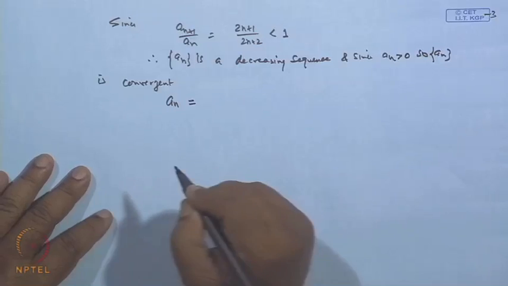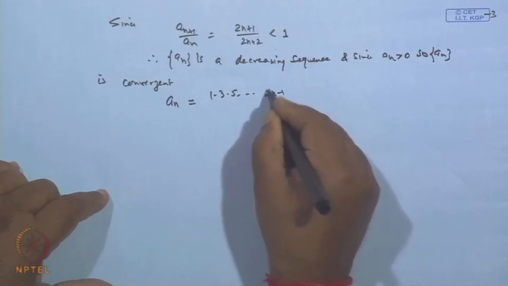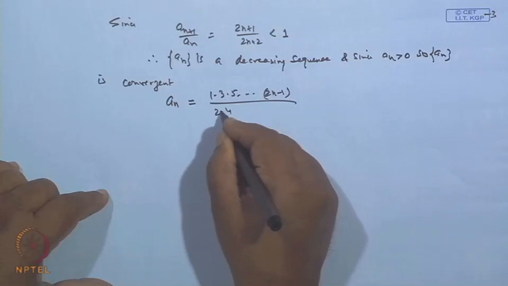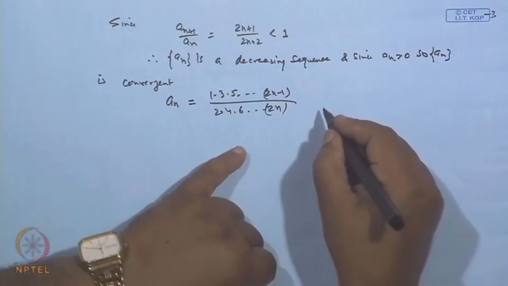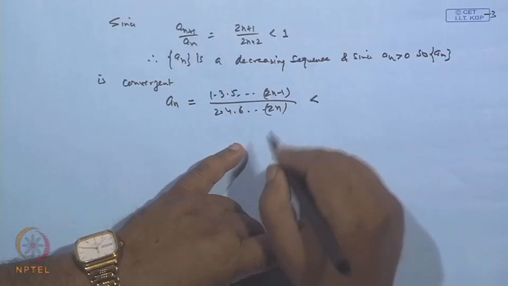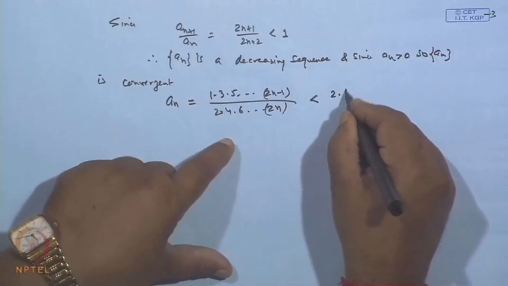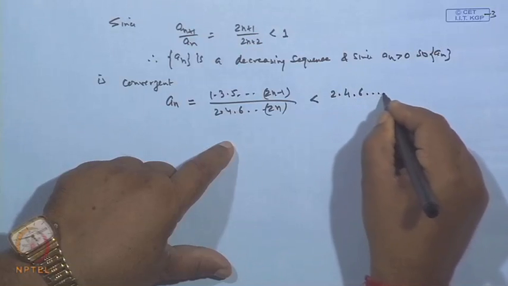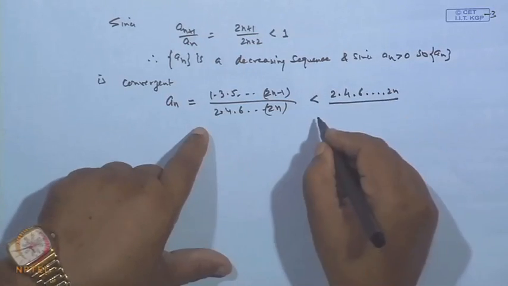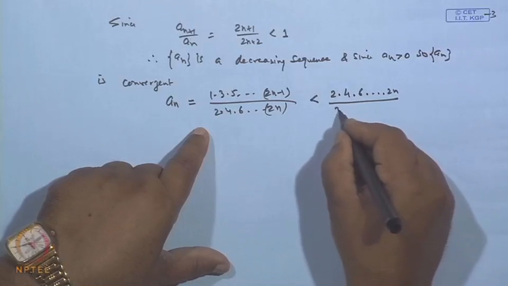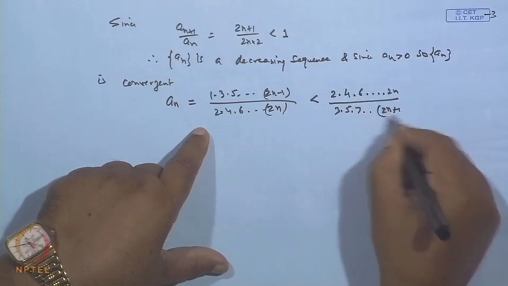What is a n? a n was 1, 3, 5, up to 2n minus 1, over 2, 4, 6, up to 2n. Now, can you not say it is less than if I write 2, 3, 4, 5, 6, up to 2n, and in this part I am just increasing 3, 5, 7, up to 2n plus 1.